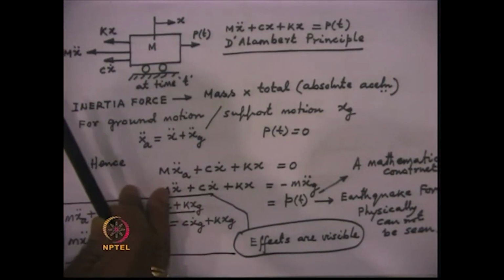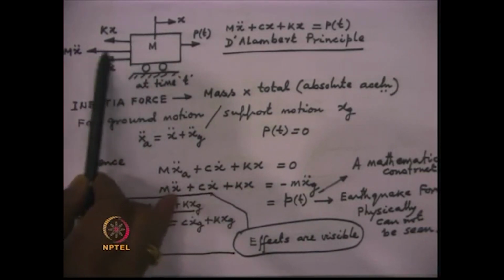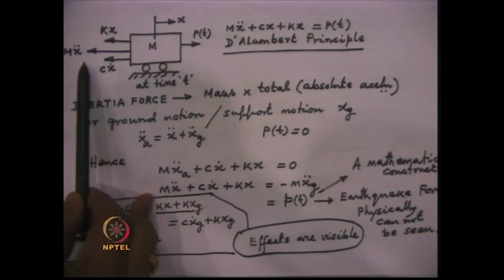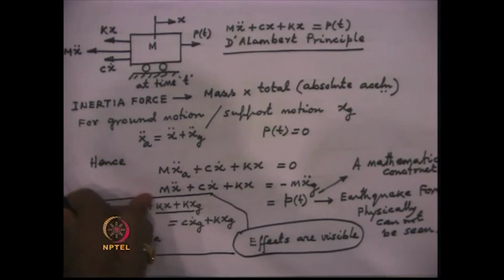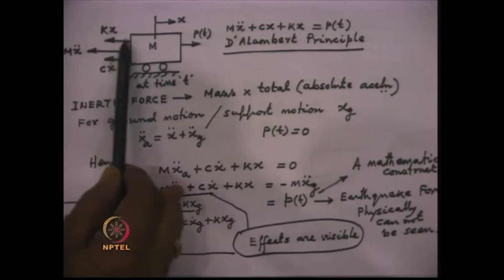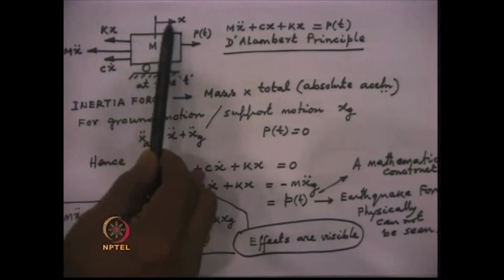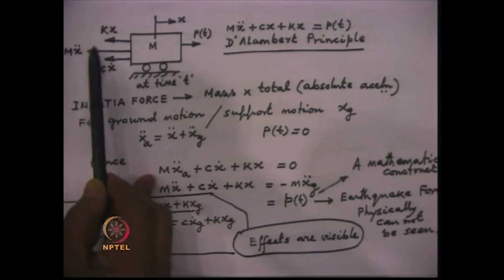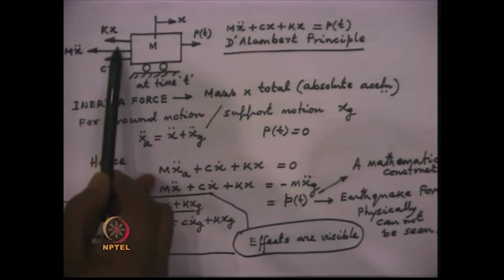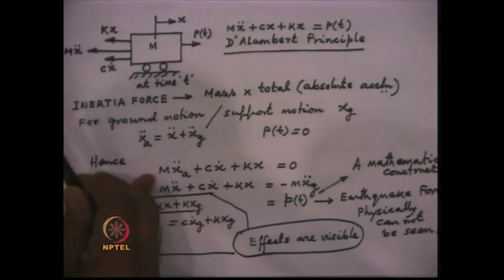And therefore, if the displacement takes place in this direction, then the inertia force which will be developed will be equal to mass times acceleration acting opposite to the direction of the motion. Similarly, if the mass is displacing in this direction, then the restoring force developed in the spring will be kx, and this will be acting opposite to the direction of the motion.